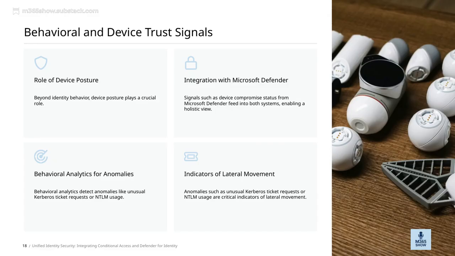It's a crucial factor in our security strategy. Ensuring that devices are compliant and secure adds an extra layer of confidence before granting access. Together, these signals, behavioral anomalies, device posture, and threat intelligence, form a unified security approach. This way, we can better detect, respond to, and prevent lateral movement and other sophisticated threats across our environment.